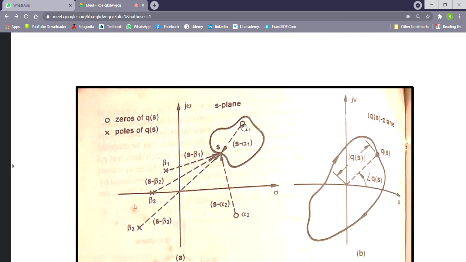Follow this cursor. As we move along this S plane contour, let us consider this particular phasor, S minus beta 1. So this phasor will change, just try to follow the cursor. This phasor will change like this. Can you follow?